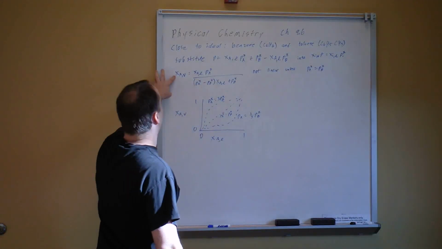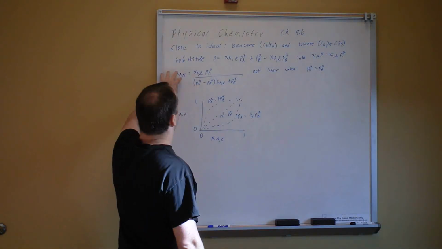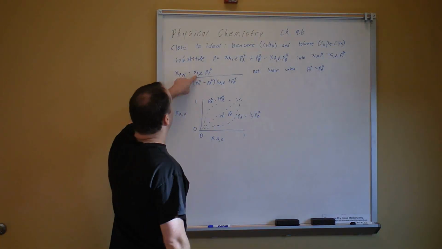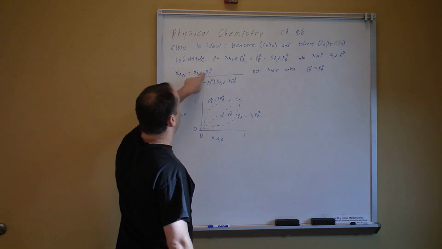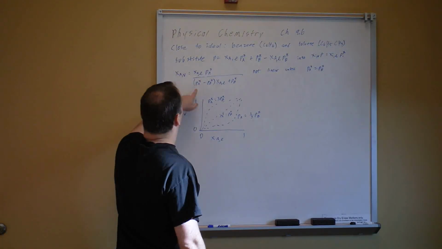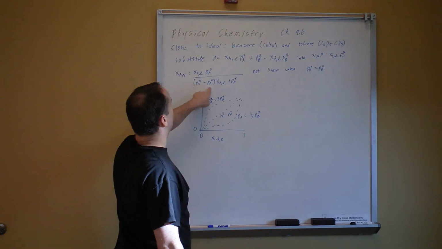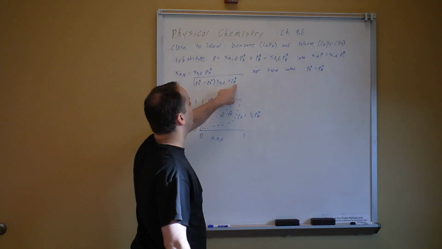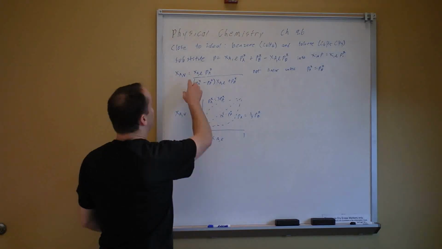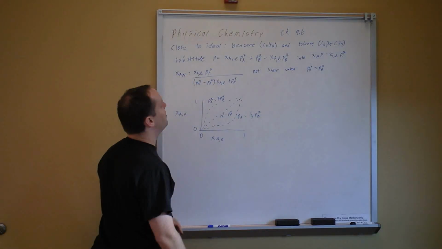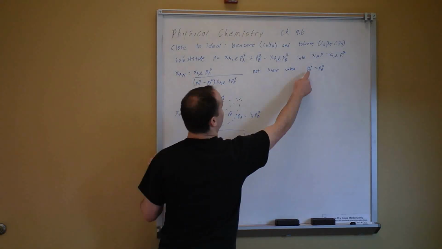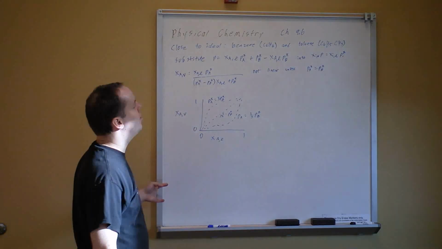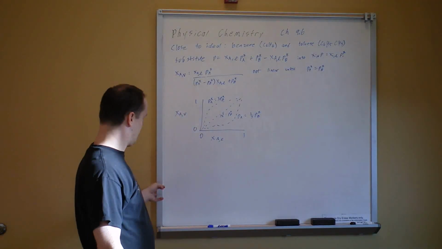And then solving for the mole fraction of A in the vapor phase, we get the mole fraction of A in the liquid phase times the pressure of A unmixed divided by the pressure of A unmixed minus the pressure of B unmixed times the mole fraction of A in the liquid phase plus the pressure of B unmixed. Now this, of course, is not the formula for a line unless it happens that the pressure A star is equal to the pressure B star.